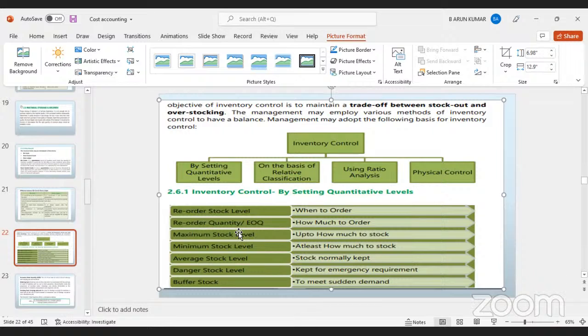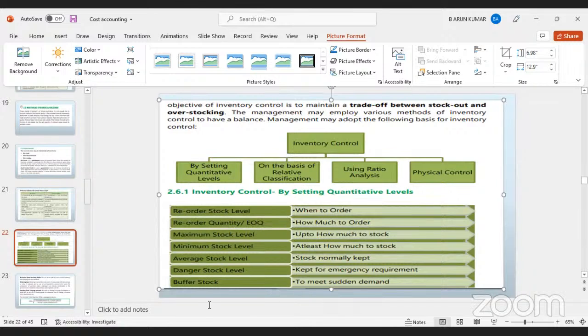In the first one, by setting the quantitative levels, we find seven types. The first is the reorder stock level, meaning when to order and at which time we order. The second is reorder quantity and EOQ, the economic order quantity.